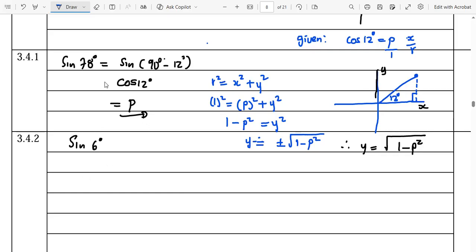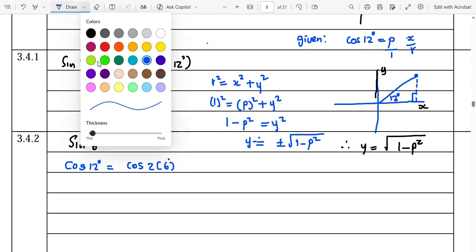I already know what is the cos 12. Now, let me bring that back. I know that the cos 12 degrees is something that we can write as the cos of 2 times the 6, because that will give us 12. You'll understand why I need us to write it like this.